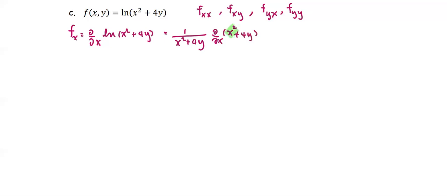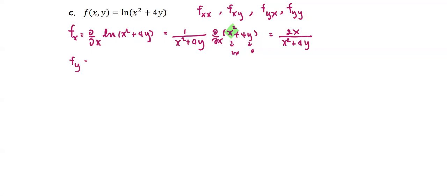With x as the variable, it becomes 2x, and the 4y becomes 0. So the first order partial derivative with respect to x is 2x over x squared plus 4y.